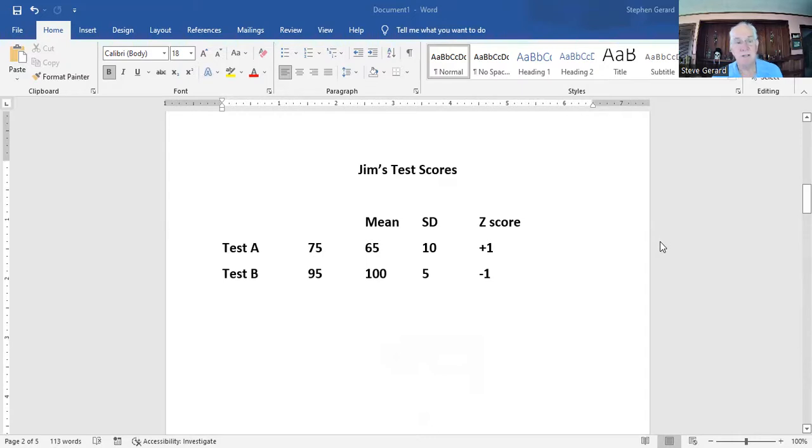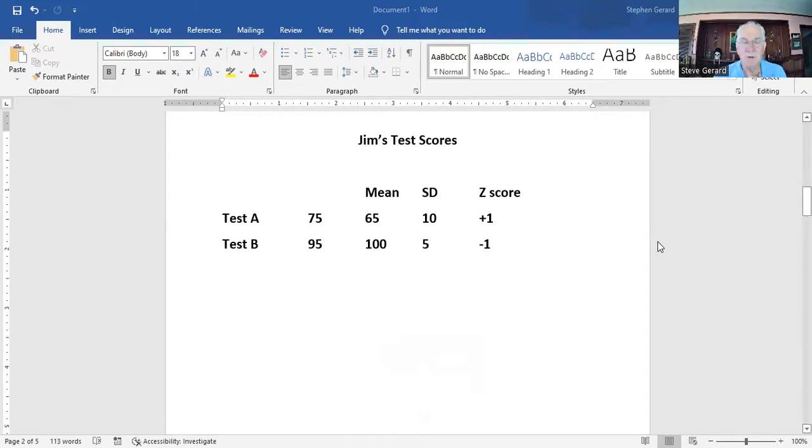So I'm going to give you a problem: what's the probability on test B of scoring less than Jim did? The cumulative probability on test B of less than Jim, who scored 95.